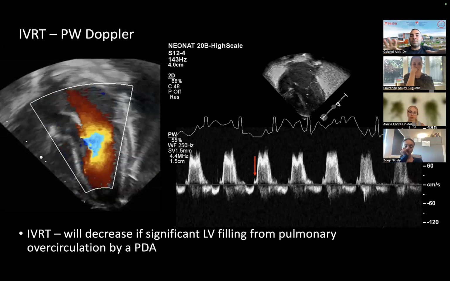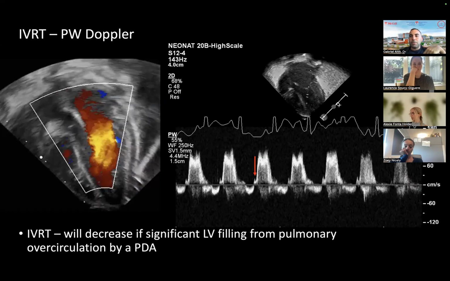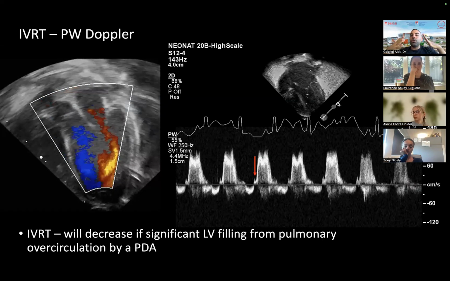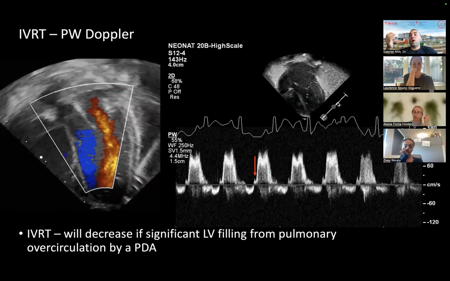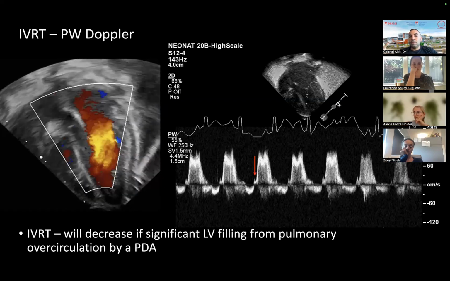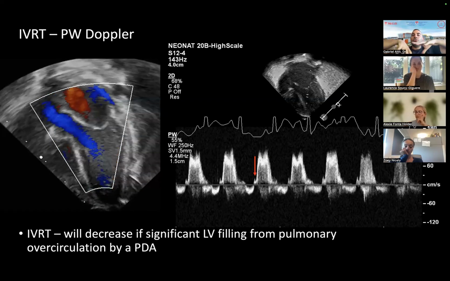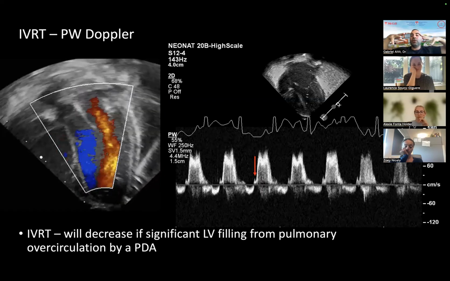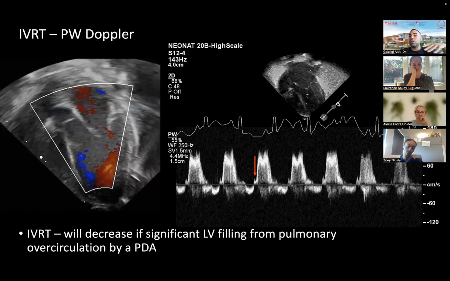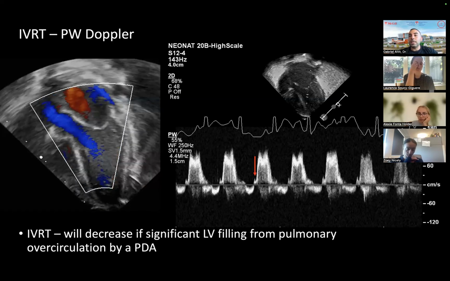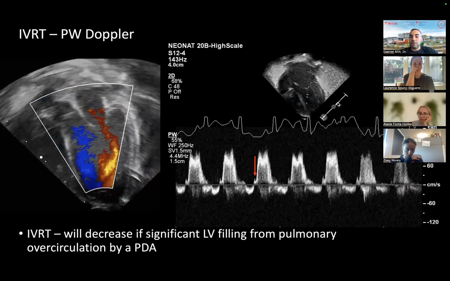And if your LA gets packed with blood flow, your mitral valve will open much quicker, so your IVRT will become much shorter. The other thing is that if you have aortic insufficiency, because let's say your LV starts dilating because of the LV preload, the LV gets so flooded that it's not able to eject everything in systole, so there's a lot of residual volume at the end of systole, and then your aortic valve will start to dilate and you get aortic insufficiency in these physiologies.